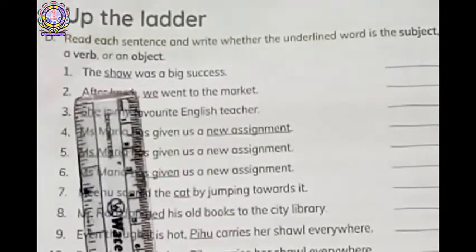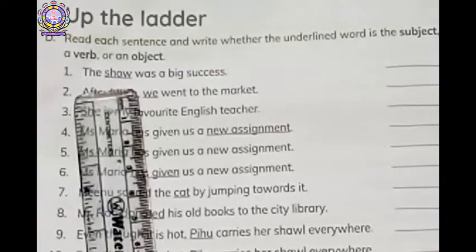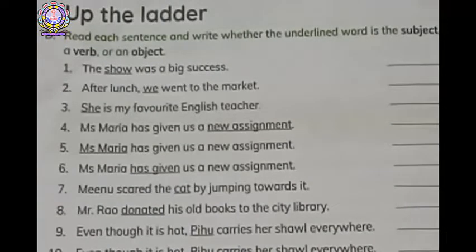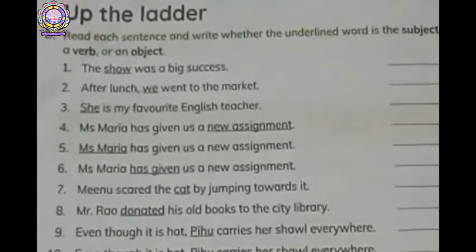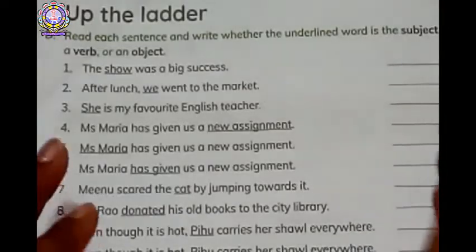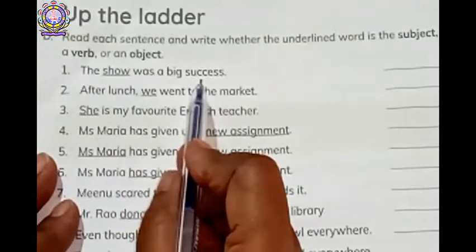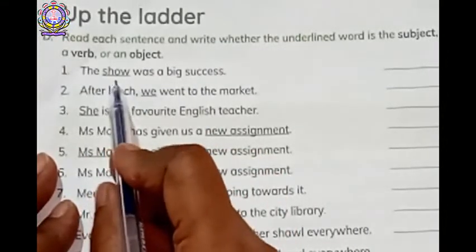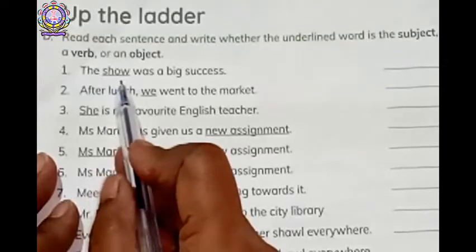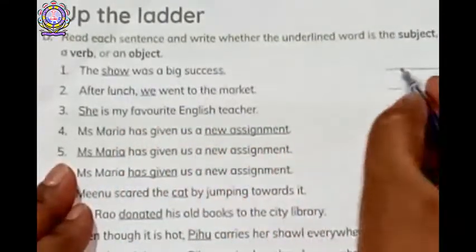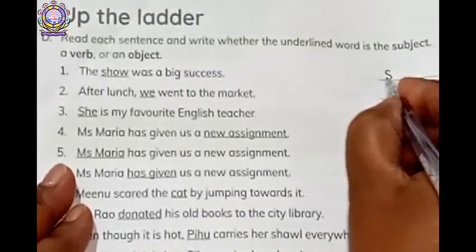So show is subject, verb or object? We have to find it and write here. Okay, so now let's start. First, can you say: the show was a big success. So show, what do you think, is it subject, verb or object? It is subject.